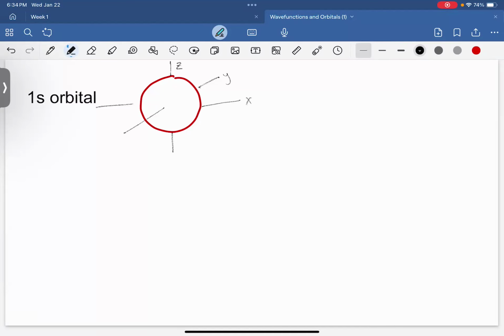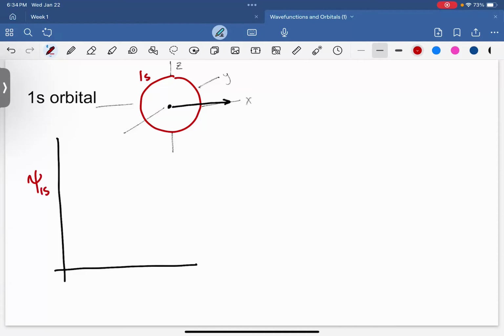And if we were to just look at what this actual function looks like, so I'm going to call this 1s, starting from the nucleus and going along the x-axis, we can plot that function, where we plot on the y-axis the magnitude of the wave function, and on the x-axis, we just plot the radius in terms of distance from the nucleus along x.